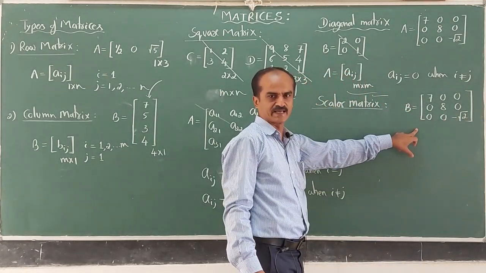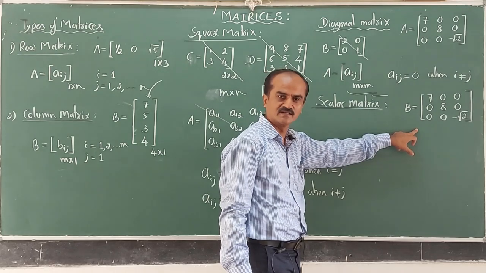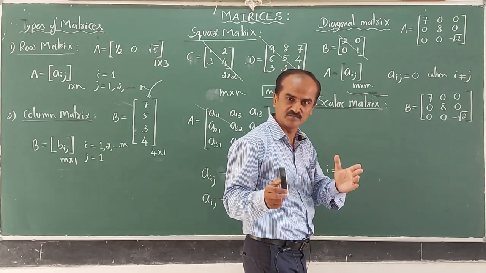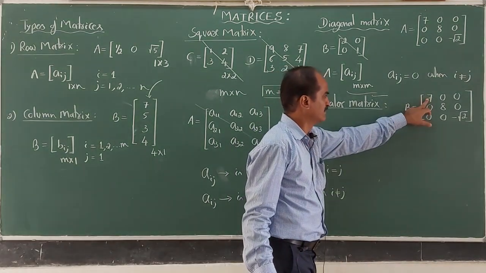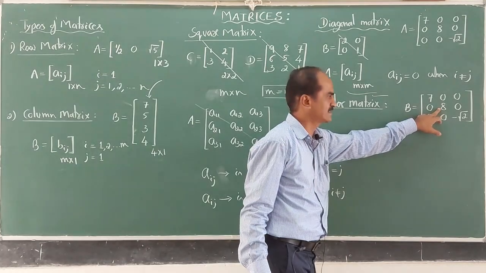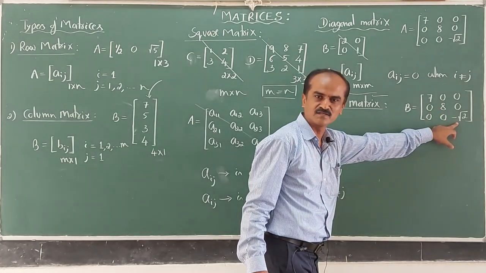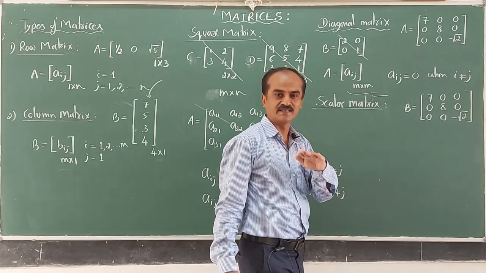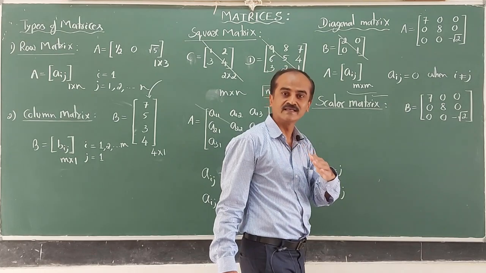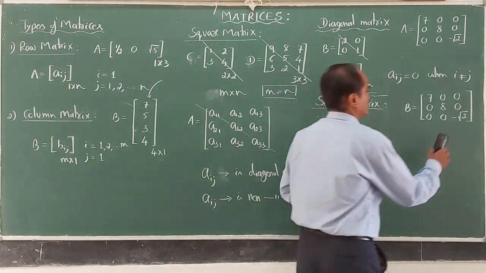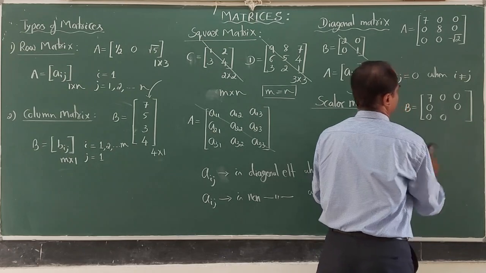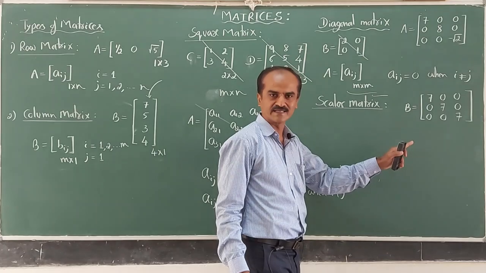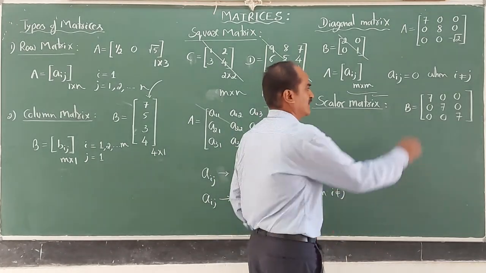Yes, of course it is a diagonal matrix. Now check whether each diagonal element value is one and the same. No, they are different. A11 is 7, A22 is 8, A33 is minus root 2. It should not be the case. They said it is a diagonal matrix in which all the diagonal element values are same. So now I will change these diagonal elements to 7. Now clearly it is an example of scalar matrix of order 3.